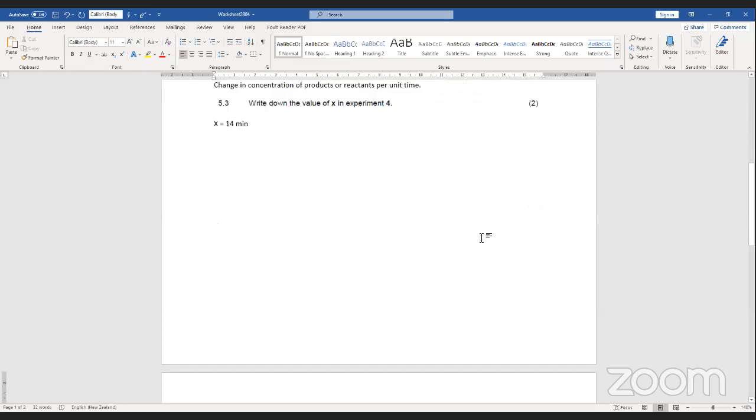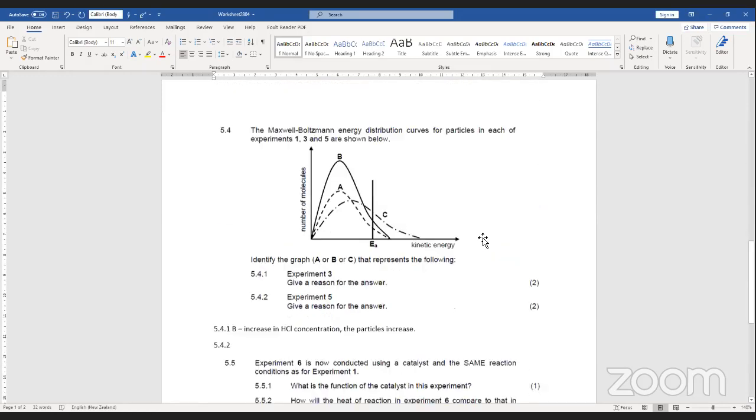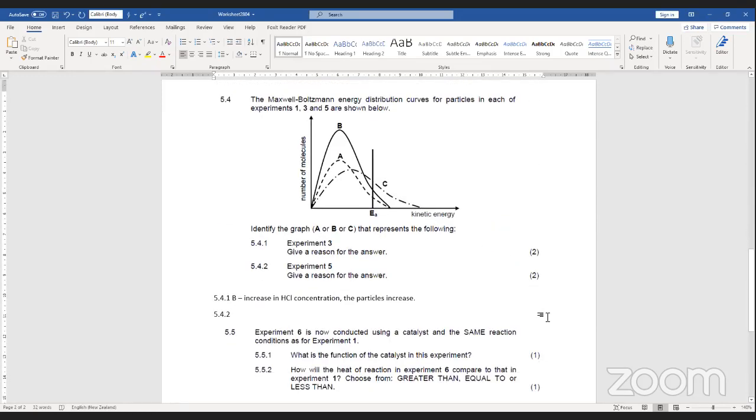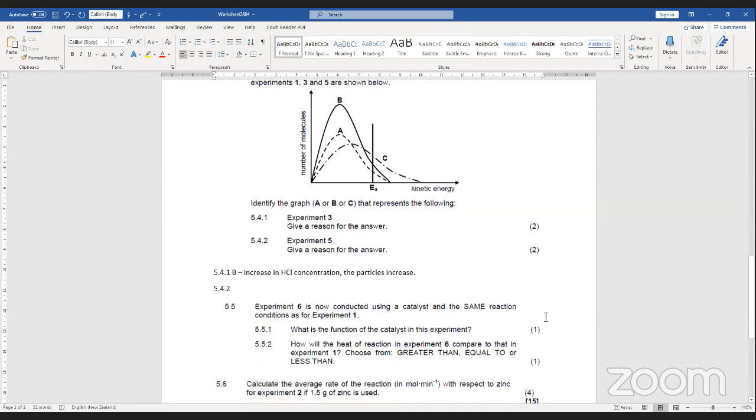You are giving your particles more average kinetic energy, which means that your curve is going to flatten and you're going to have more particles on the other side of the activation energy. So it will be C.